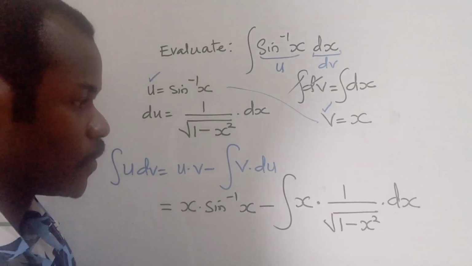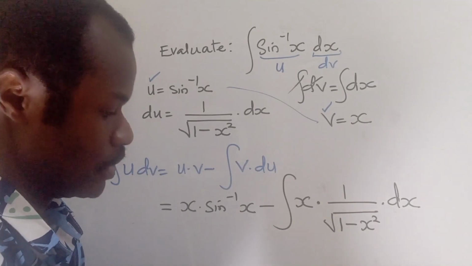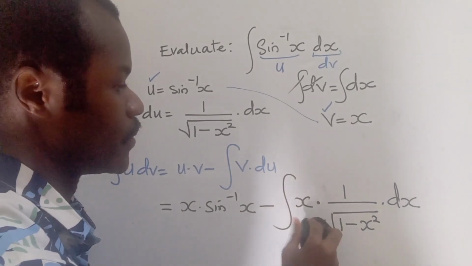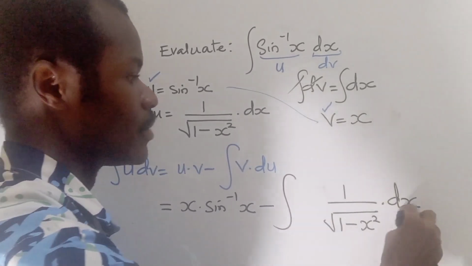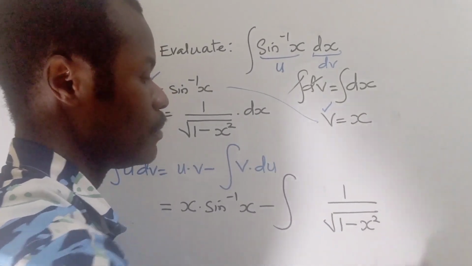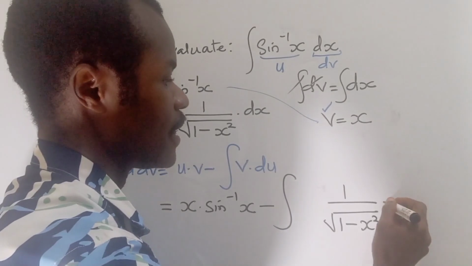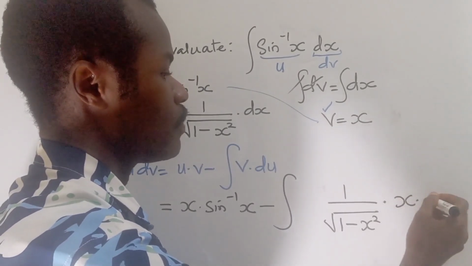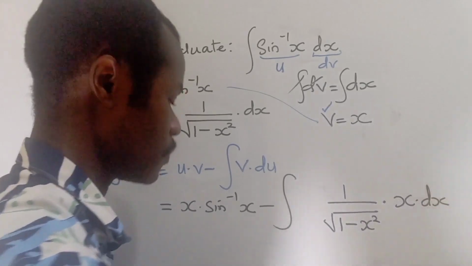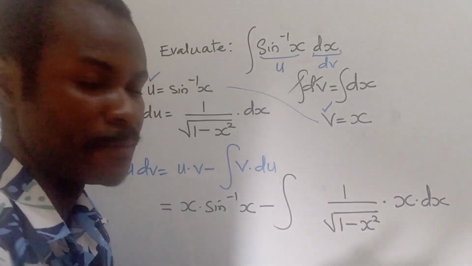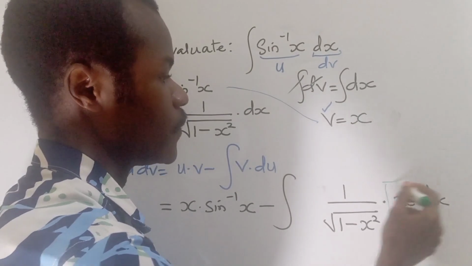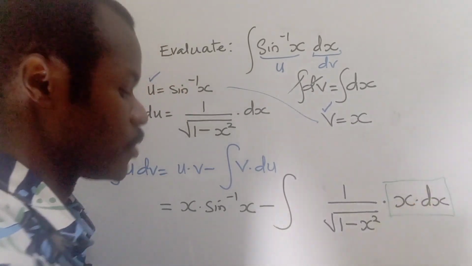To make it simpler, I would like us to use this x to multiply this, so we have x multiplied by dx. Now remember this, because we are going to make a substitution of that.